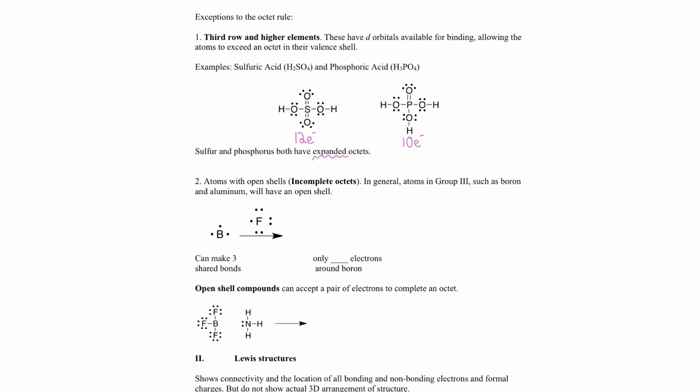We also have atoms with open shells or incomplete octets. In general, atoms in group 3, so if you look at your periodic table, you'll see that boron as well as aluminum will have an open shell. So boron, they can usually make 3 shared bonds.